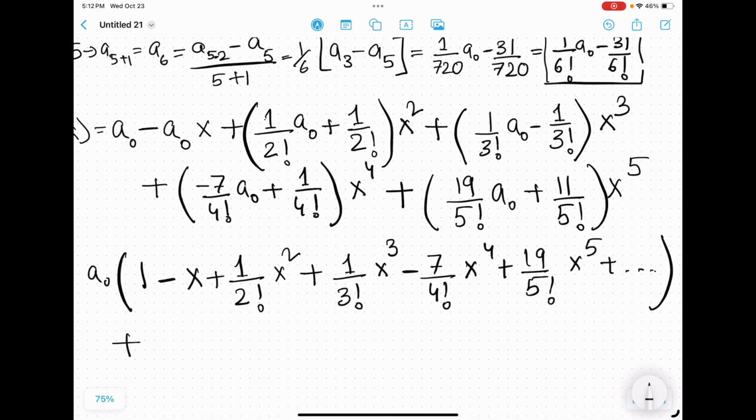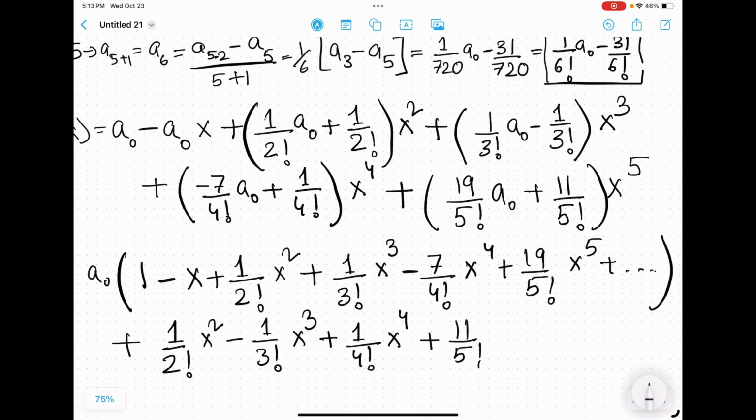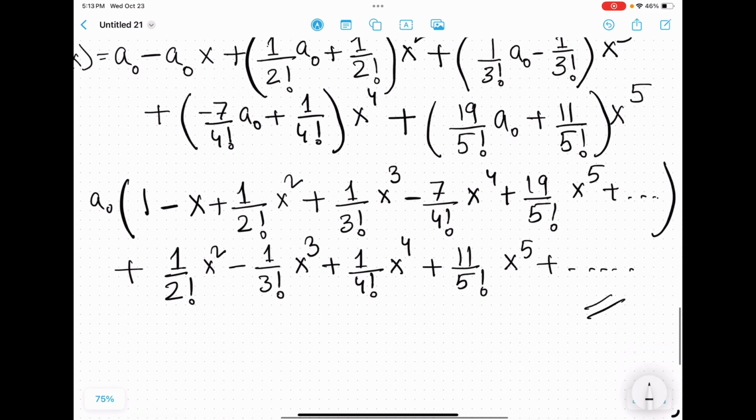And then separately write out the terms without the a sub zeros. So I have 1 by 2 factorial x squared minus 1 by 3 factorial x cubed plus 1 by 4 factorial x to the power 4 plus 11 by 5 factorial x to the power 5 and so on. Okay, so this is my solution.